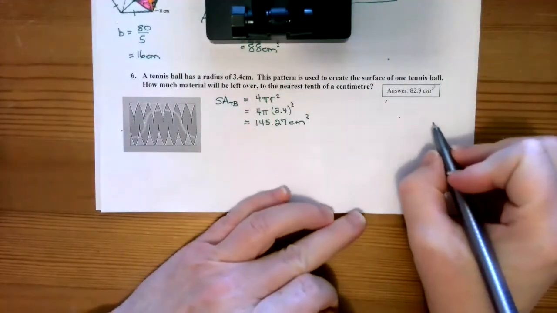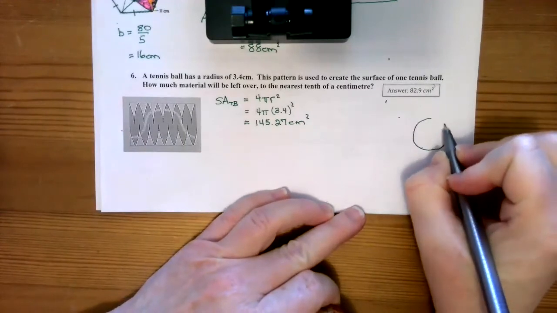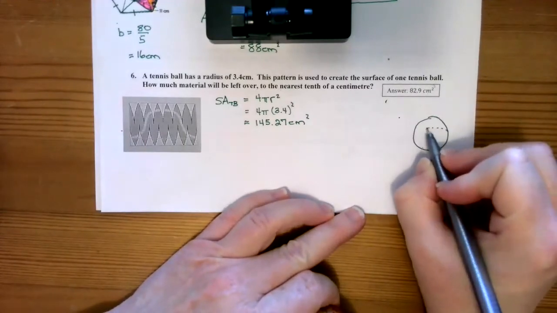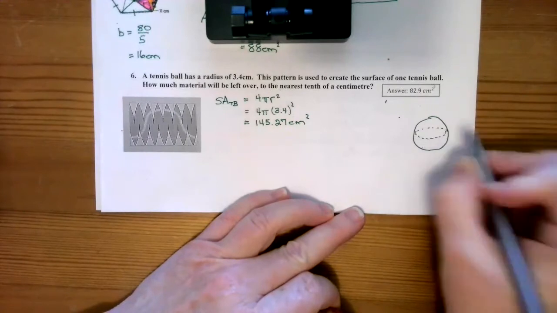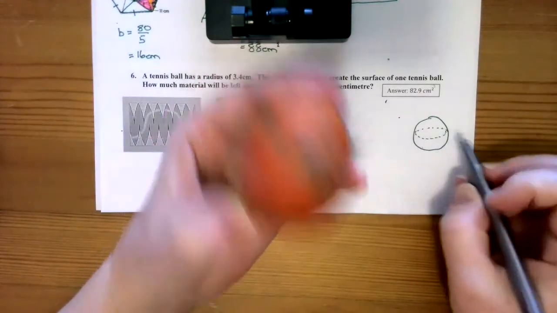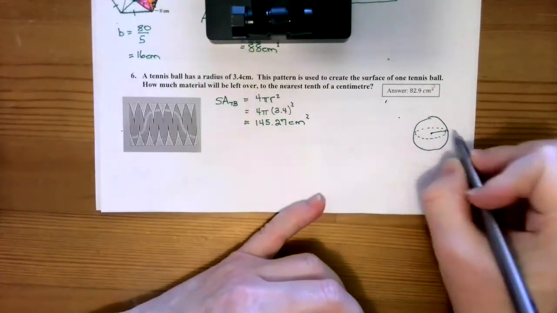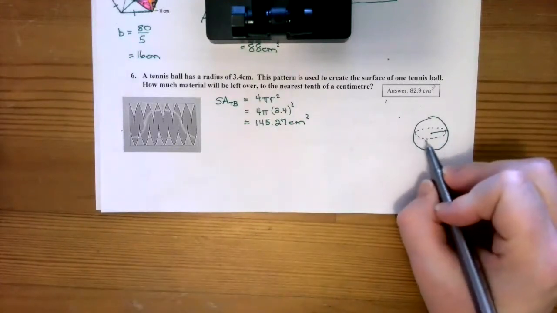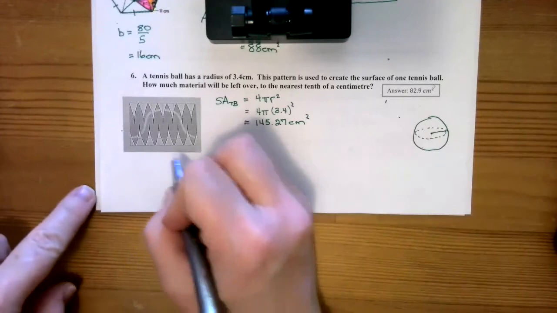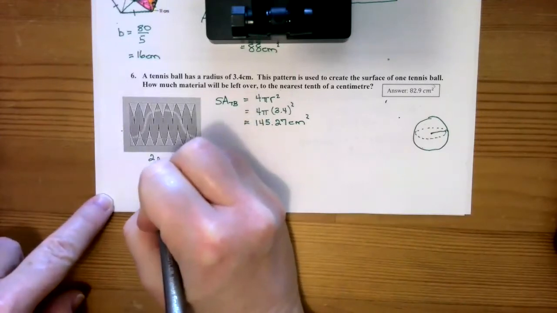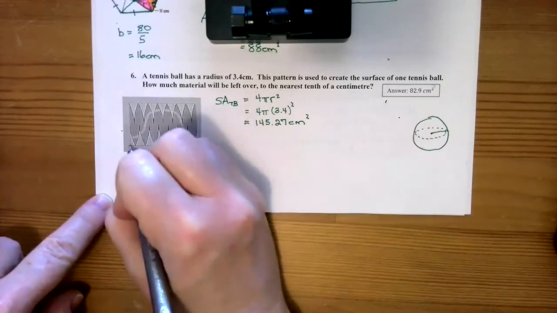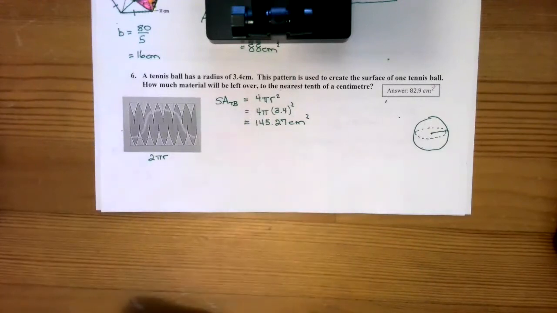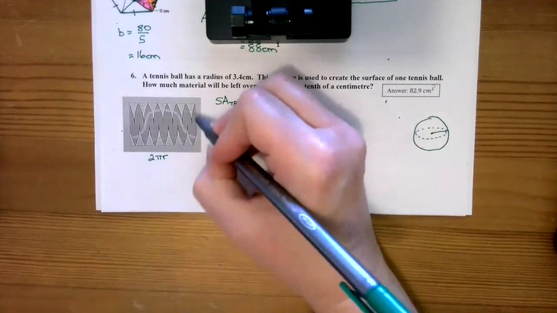So if you think right here, we have a sphere, and typically they're kind of hard to draw, but they look like this. This would be the circumference. All you need to know is the radius of your sphere, and you can figure out your circumference. The formula for the circumference of a circle is just 2 pi r, so this length is going to be 2 pi r. Then we need to figure out the width.